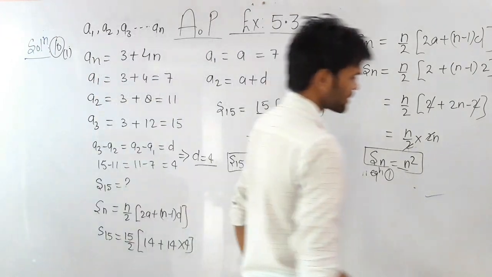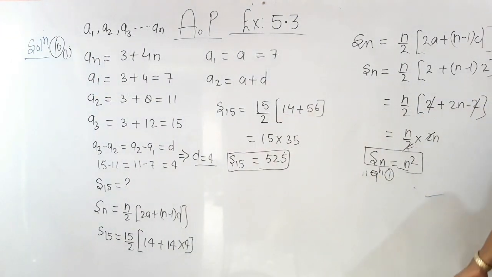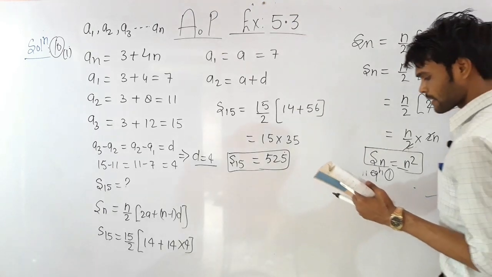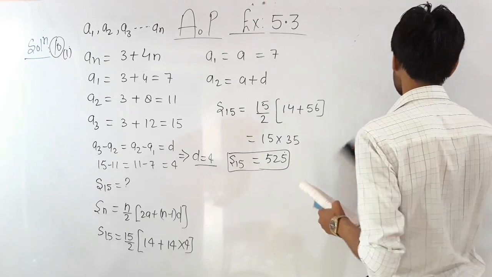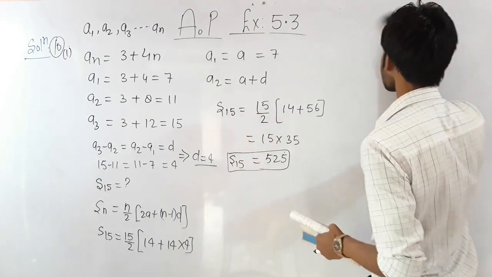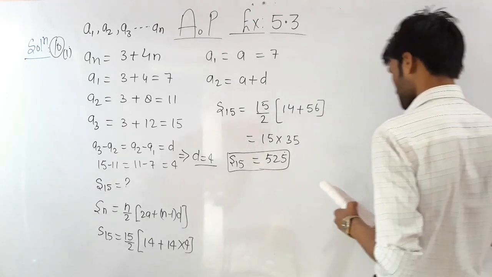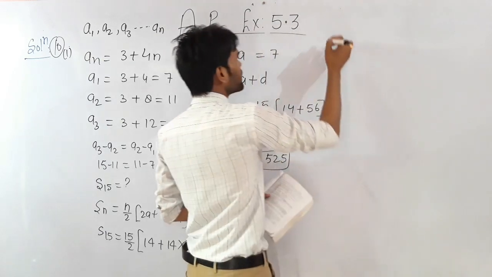The second part of this question, when an is defined as 9 minus 5n. देखिए यहाँ पर आपको दिया हुआ है सेकेंड पार्ट ऑफ सोल्यूशन नंबर 10.